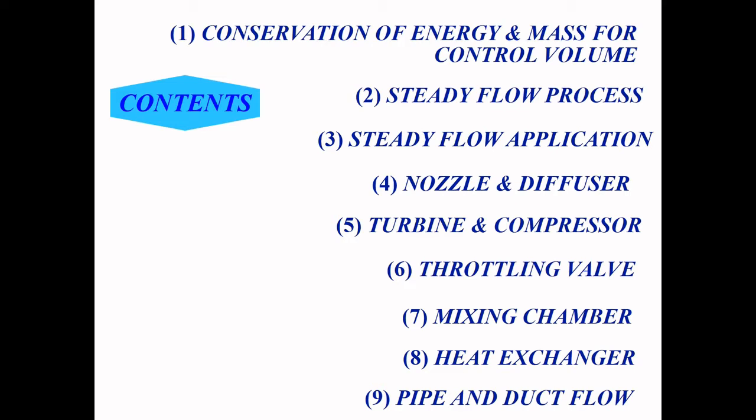The rest, we discuss how to implement these principles for different types of open systems, such as the nozzle and diffuser, turbine and compressor, throttling valve, mixing chamber, heat exchanger, and the last one, systems involving pipe and duct flow. Okay, so these are the contents for chapter number 4.